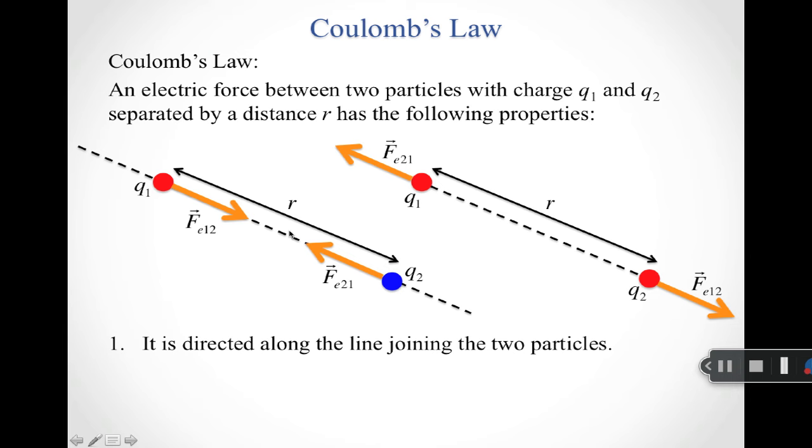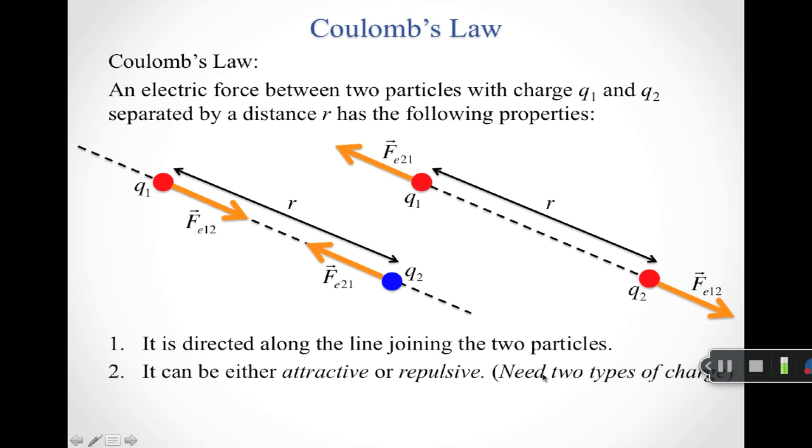They just point away rather than pointing towards. So obviously the second part is that that force can be attractive or repulsive based on whether those two charges are the same or different. And again, as we've talked about before, this is why we need two types of charge. It takes two types of charge, which we have simply labeled positive and negative, to explain a single force that is both attractive and repulsive.